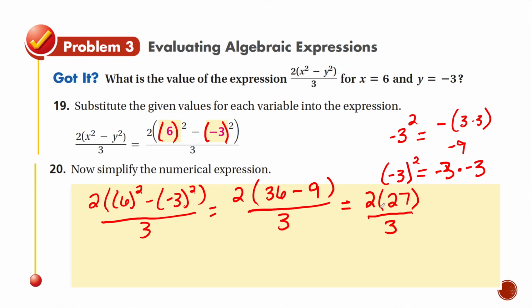Since it's multiplying and dividing, we could just keep following PEMDAS, multiply on top. 2 times 27 will give us 54, and we're going to follow through with that idea. So we got 54 divided by 3. And 54 divided by 3 equals 18. And this right here is the value of this expression when x equals 6 and y equals -3.